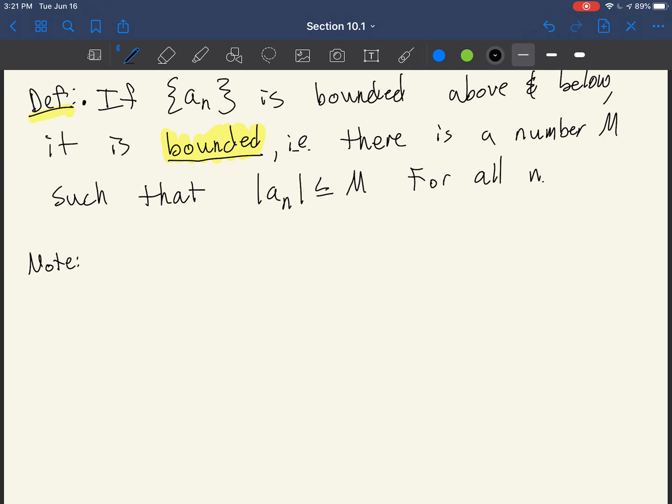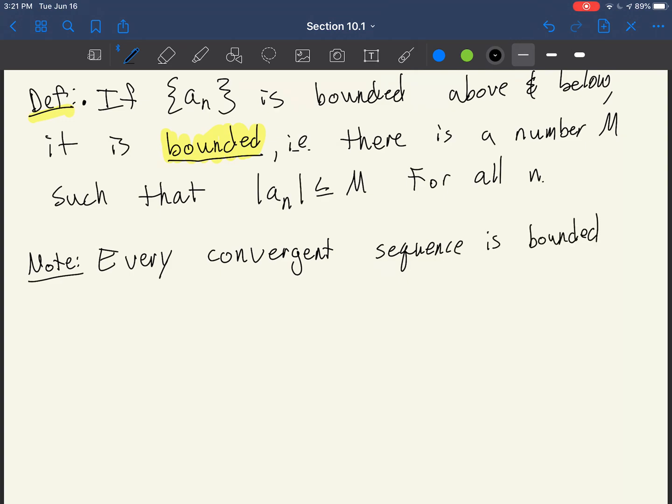Note, every convergent sequence is bounded. If it converges, that means that it goes off to a number instead of going off to infinity.